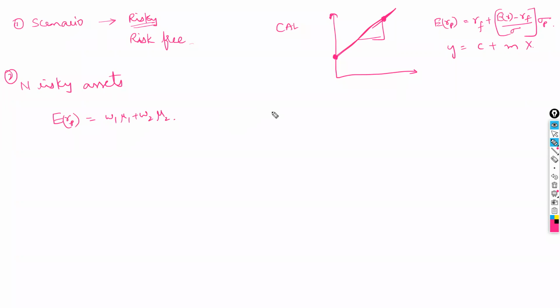Then we have also looked at variance form. W1 square sigma 1 square plus W2 square sigma 2 square plus 2 W1 W2 sigma 1 2. We have taken a scenario of two risky assets.